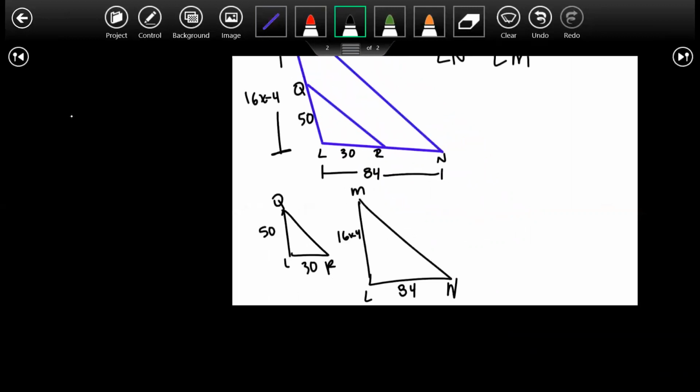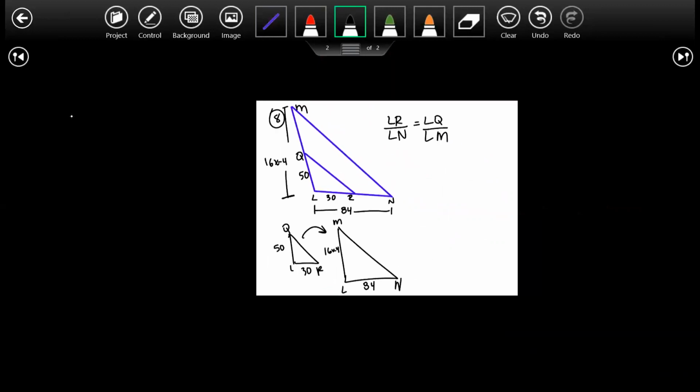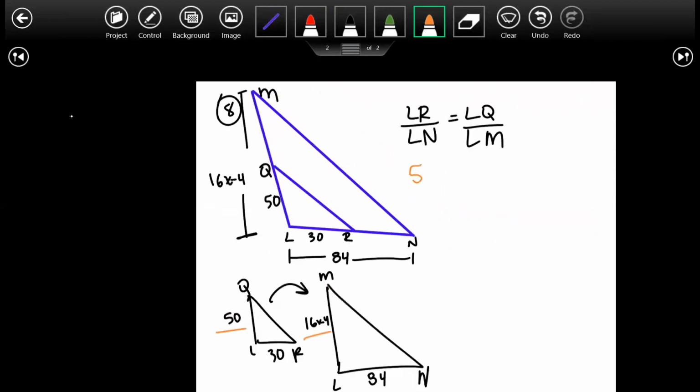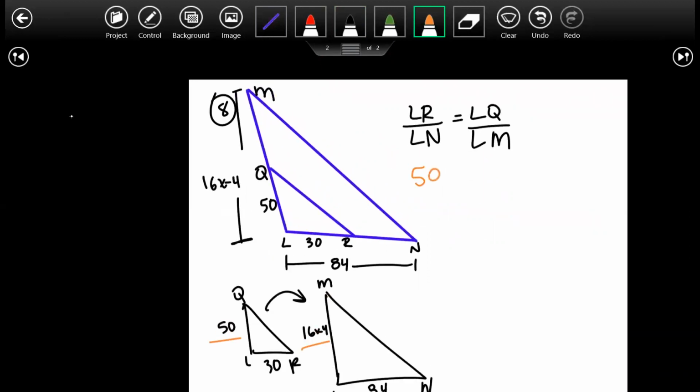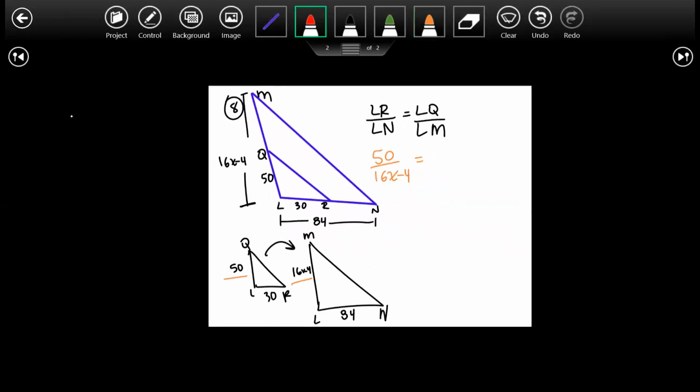We're basically creating proportions going from smaller to bigger. Our smaller ratio would be 50 over 16x minus 4. Our other side would be 30 over 84. So we're creating these proportionalities to solve them out.